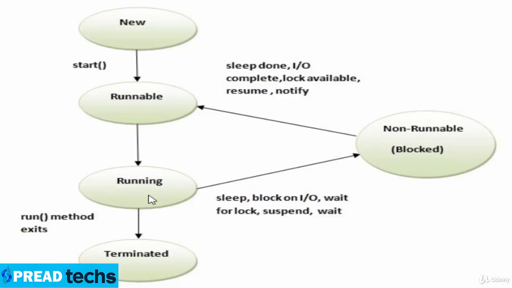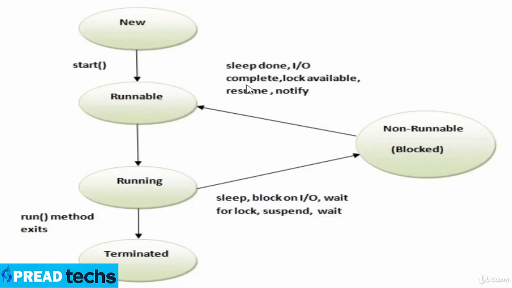So here you can see a new thread, then runnable. The thread becomes non-runnable if it calls the sleep method, the thread calls the wait method, or the thread is blocking on input and output.